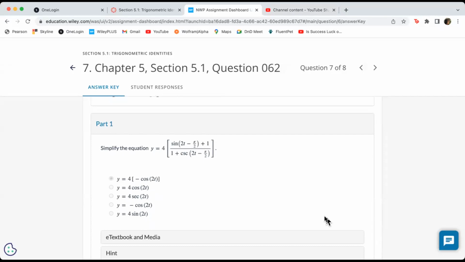And they wrote it weird in your answer selection, with brackets around negative cosine of 2t. Which makes me wonder why they included the 4 in the first place.